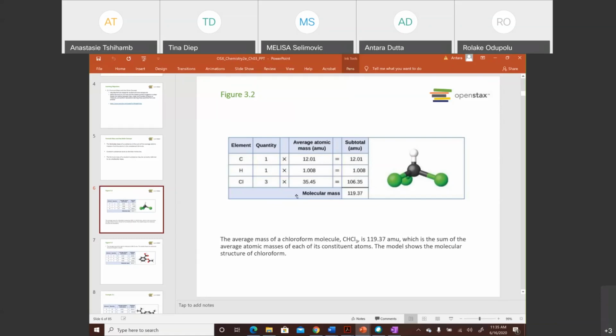Then 12.01 plus 1.008 plus 106.35, because there are 3 chlorines, you multiply by 3, and take the sum of 1 carbon, 1 hydrogen, and 3 chlorine. You get the molecular mass 119.37, the sum of all the average atomic masses.